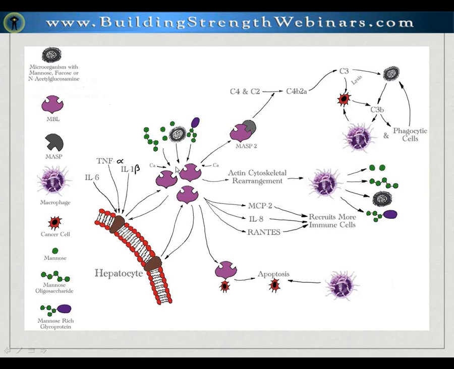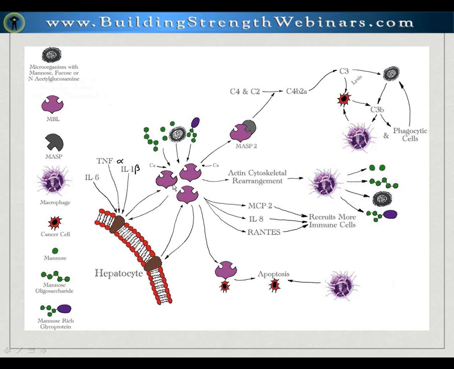Also, the more of these receptors you have, and by the way, guess how you get more mannose-binding proteins? You take more mannose. So if you take aloe, you get more mannose-binding proteins, more of this happens.